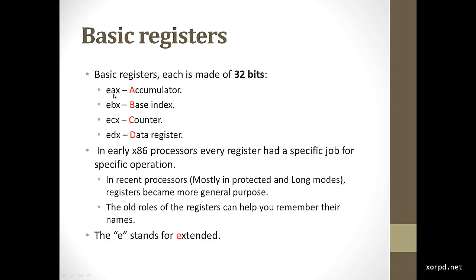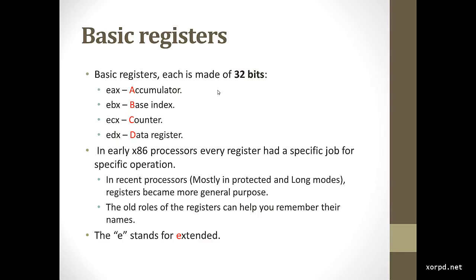For example, EAX usually stands for the accumulator. The A in the middle between the E and the X means accumulator. EBX usually stands for base index. ECX is the counter, and EDX is the data register.